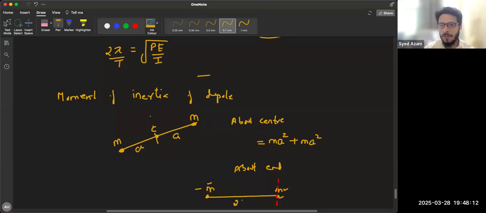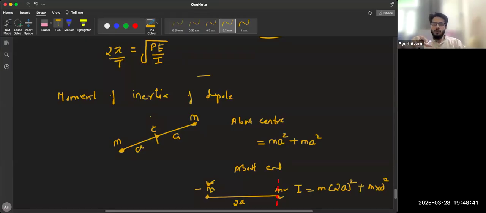And the length of the dipole, if I say it's 2a, what is the perpendicular distance between this m and axis of rotation? 2a. So, what will be the moment of inertia of this m about this axis? It's m into 2a square. And what about this m? It is over the axis only, so the perpendicular distance is 0, so m into 0 square. So the type of questions that you will get on oscillation will have variation due to this term only.